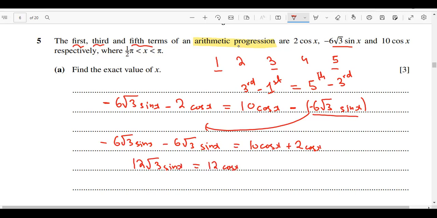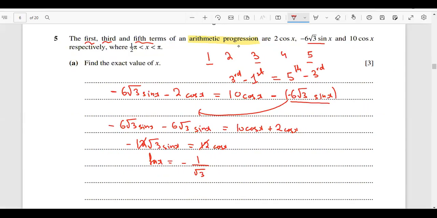Now you can make it tan. Simplify this. 12 and 12 would be cancelled. This is minus 12. And we can take cos to this side and under root 3 to that side. So it would give me, please try doing it on your own. Tan x equals minus 1 by under the root 3.